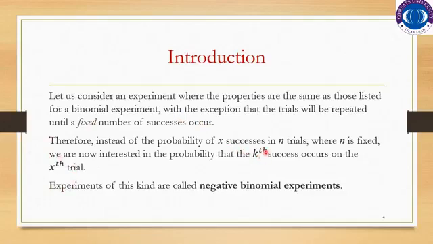So, the difference between the binomial and negative binomial experiment is that now we are interested in having the kth success on the x trial. Experiments of this kind are called negative binomial experiments.